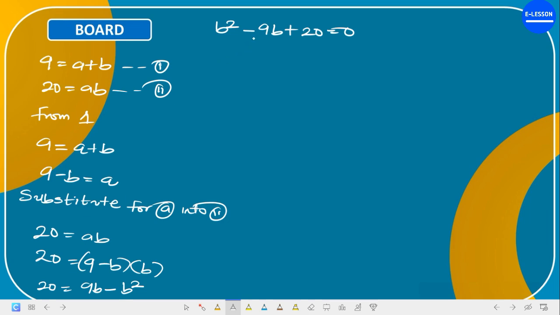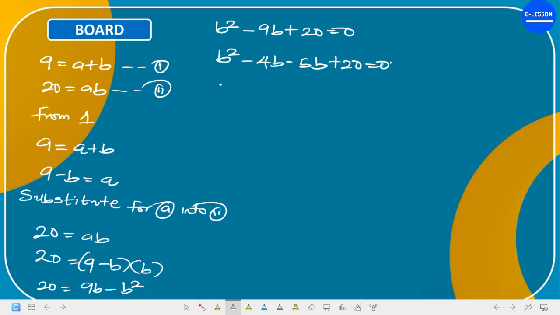What are you going to multiply twice that will give you 20, and when you add it, it's going to give you 9b? Now that is not something that you should be thinking now. Let me just give you the answer direct. This becomes b square minus 4b minus 5b, which will give us minus 9b. Minus 4b times minus 5b will give us plus 20, everything equal to 0.